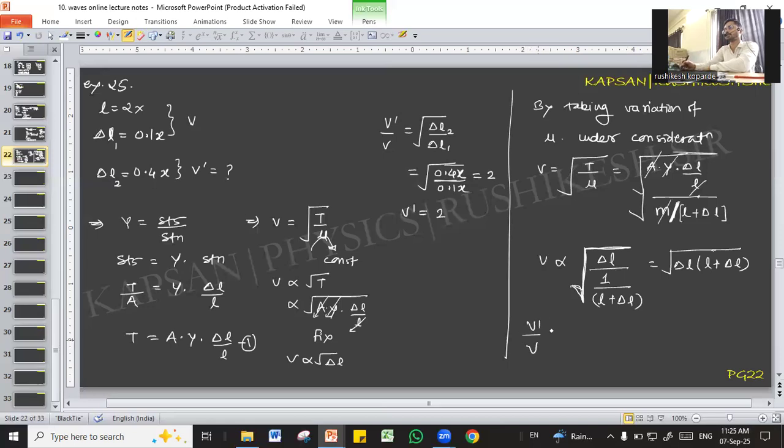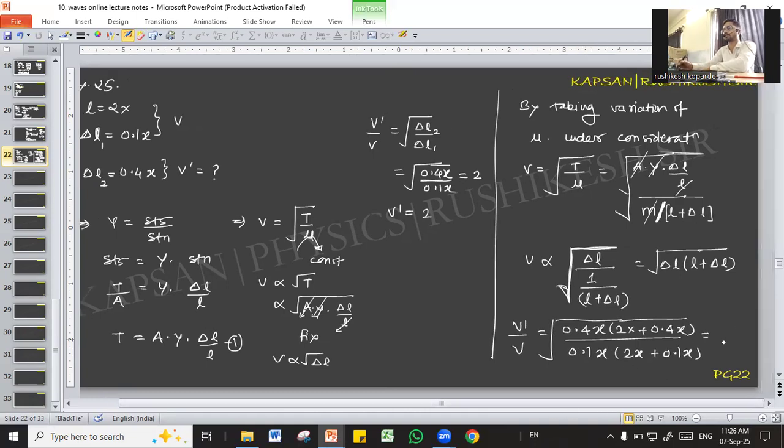So V dash upon V is equal to under root of 0.4x into the bracket 2x plus 0.4x, and in the first case it was 0.1x into 2x plus 0.1x. So all the x will get cancelled. What is the answer?